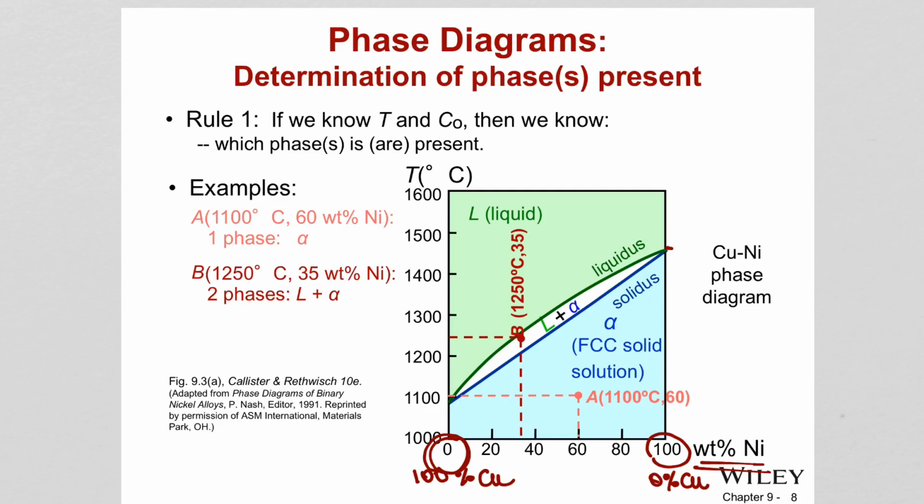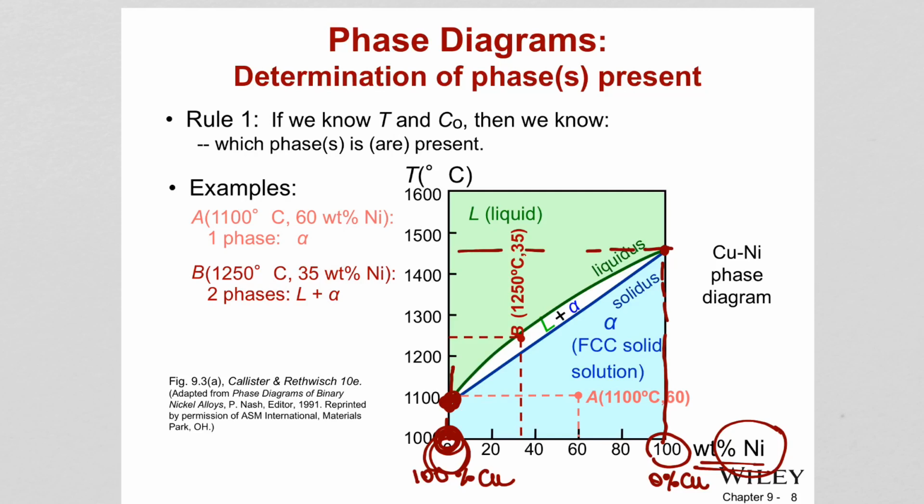So that point is representing the melting point of the nickel itself. And this point here, if I go above this part, is representing the melting point of pure copper. One is pure nickel, one is pure copper.